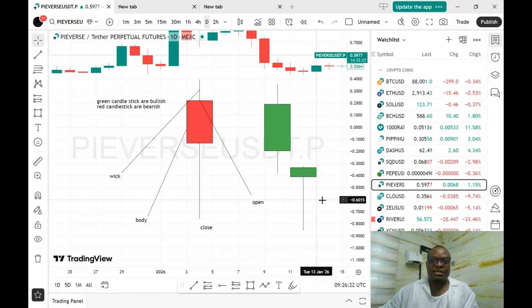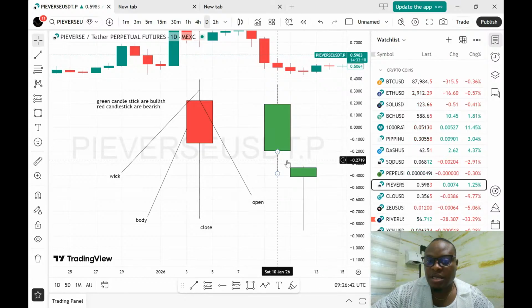There's not much pressure. But when you see that the body of the candle is bigger than the wick, then you know that the buyers are dominating the market. I don't know if you're getting me. So that's essential about candlesticks.